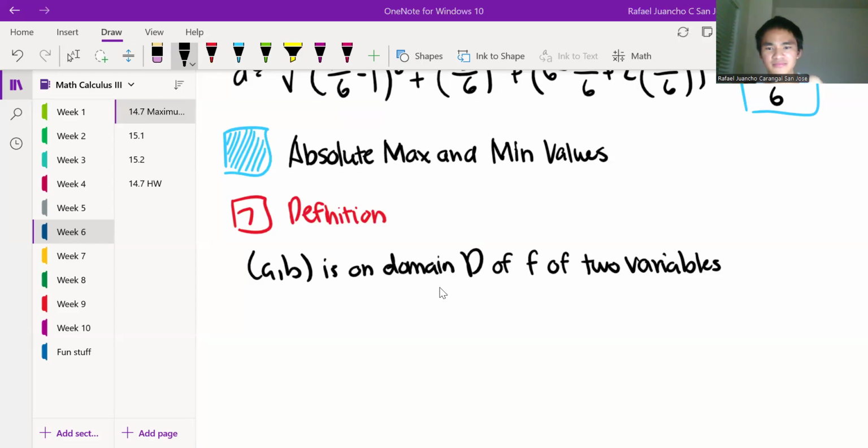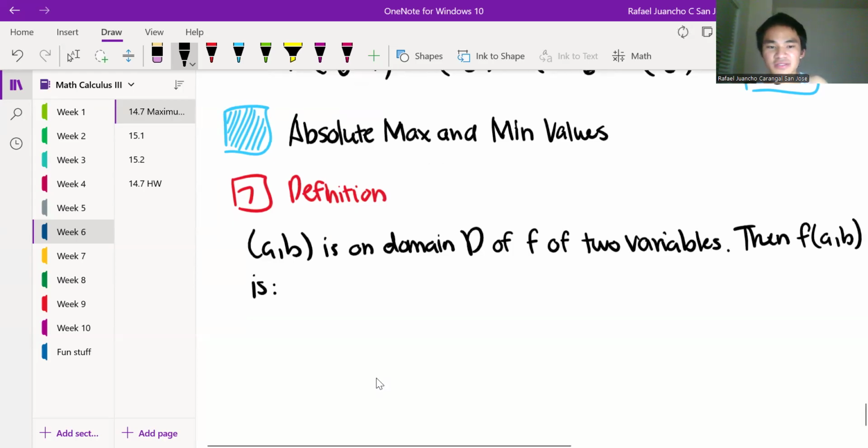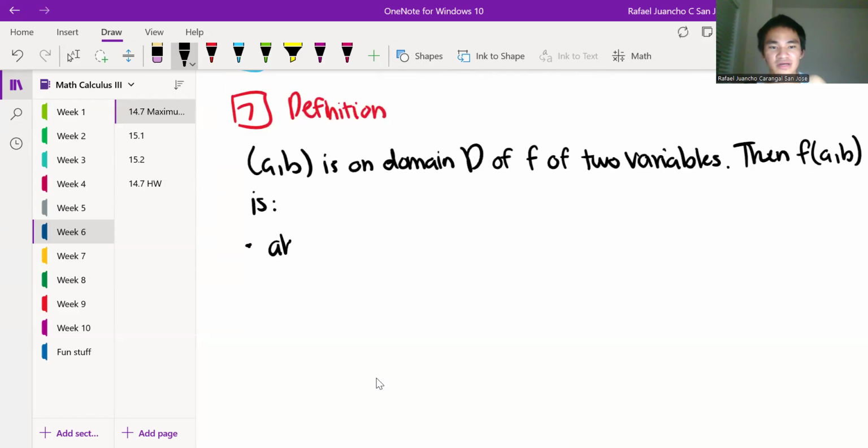Then we're saying that f of (a, b) is either one of two things. So it's either an absolute max of f on D if it's the greatest value, right?